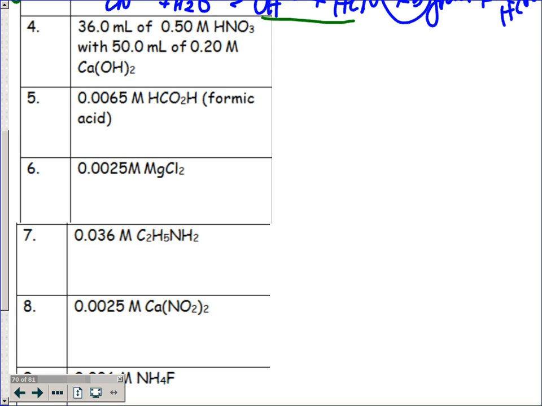Okay, so yeah, we find the moles. Water and salt, they come out really fine. Of the equation, you would use that to find the pH.